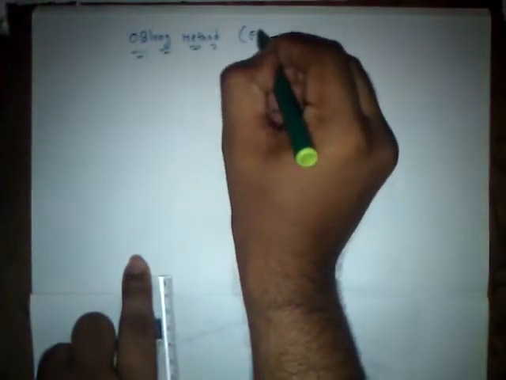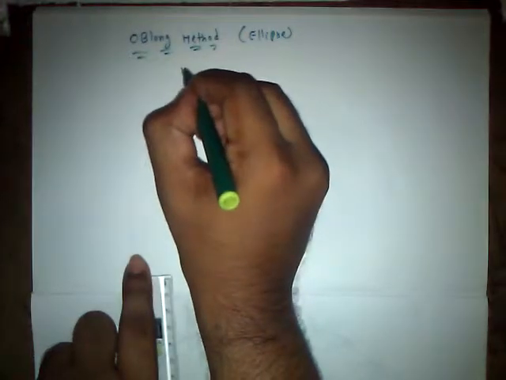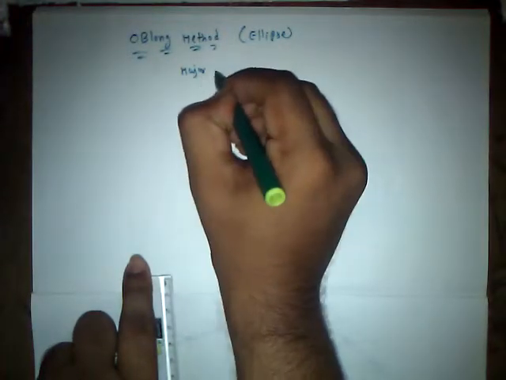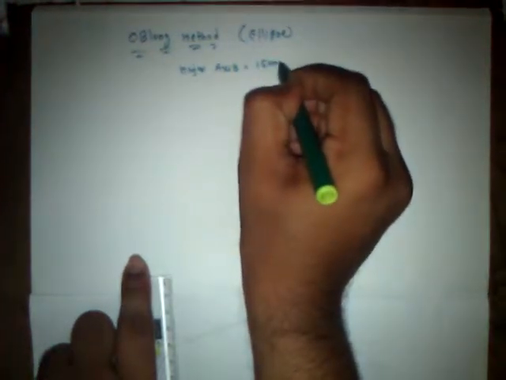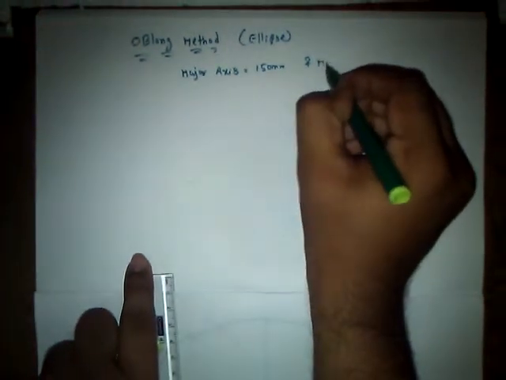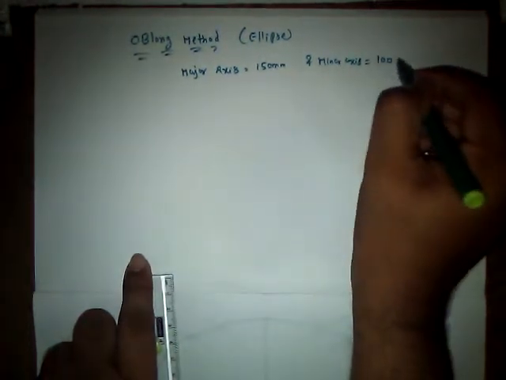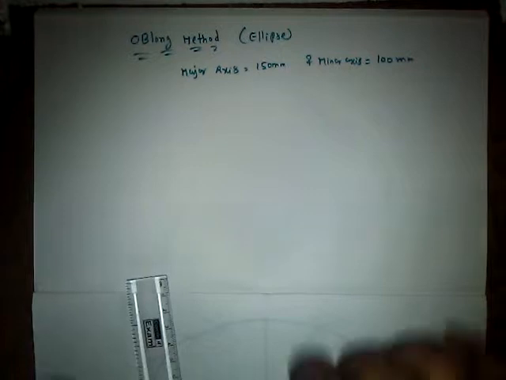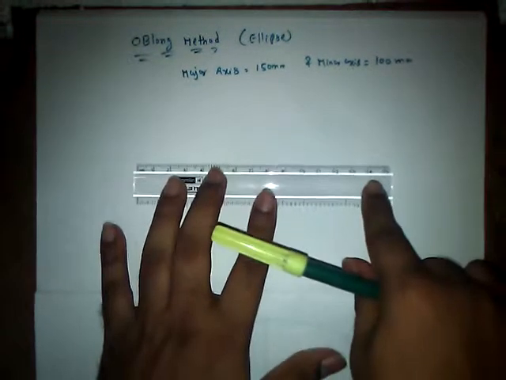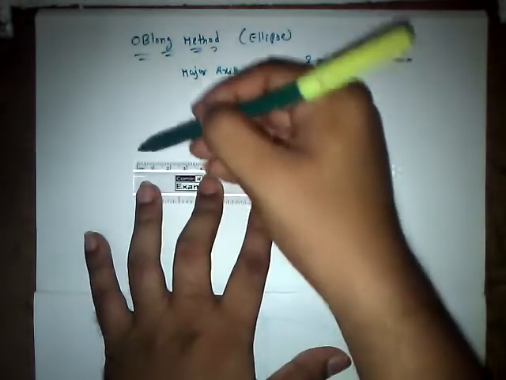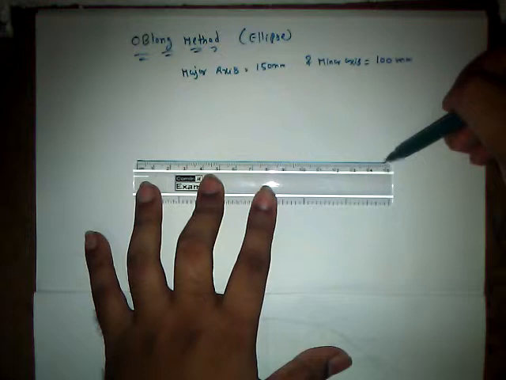Okay, in order to construct an ellipse, the same question we shall consider as the previous one, with major axis equal to 150 and minor axis as 100. So according to the oblong method, let us take 150, that is 15 centimeters.